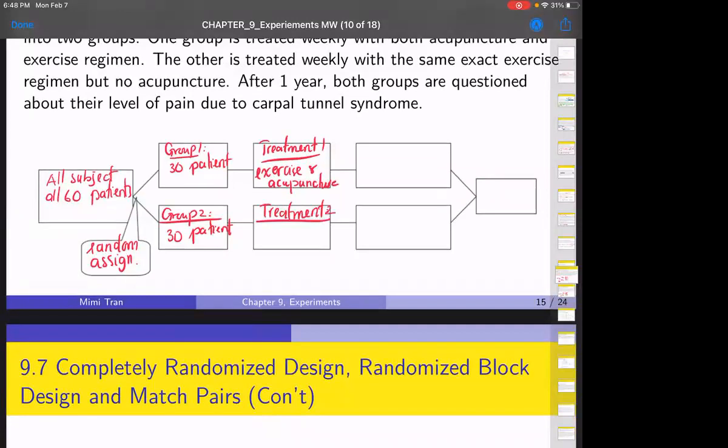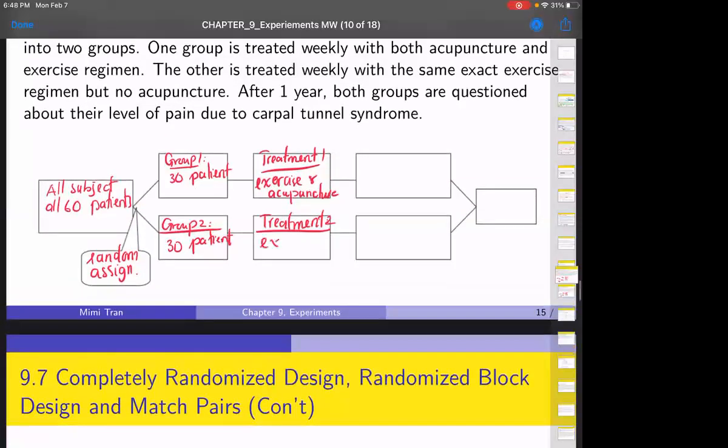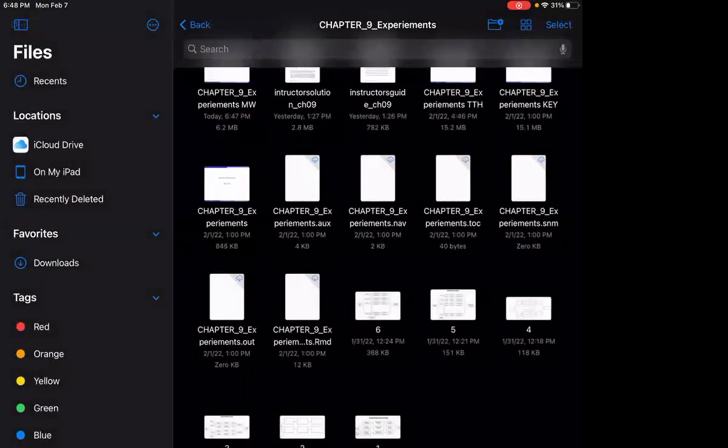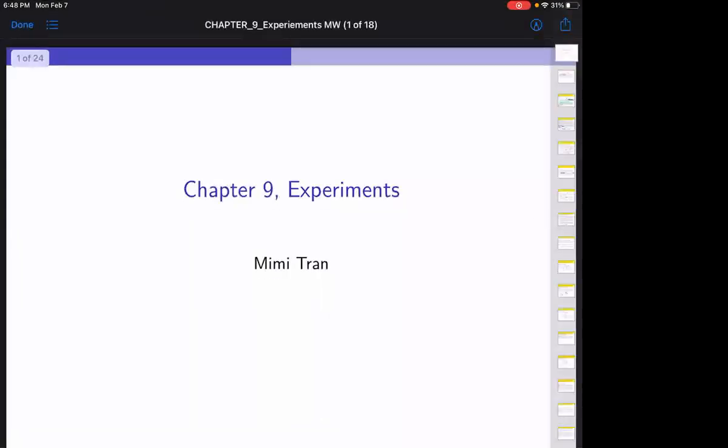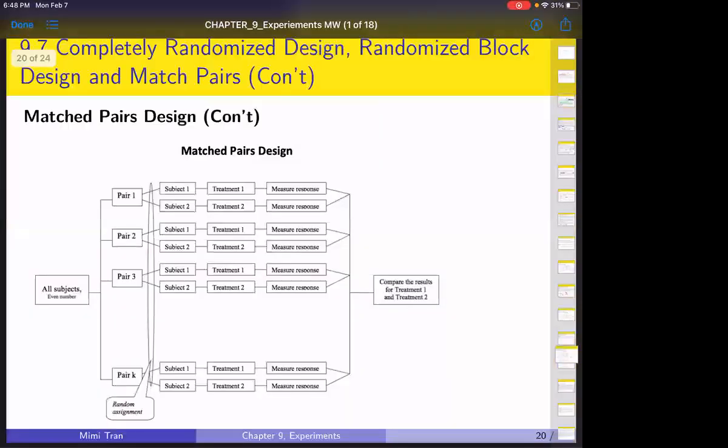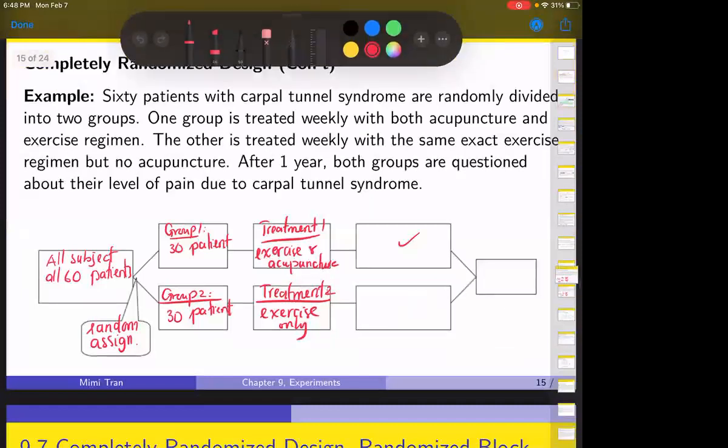And then treatment 2. And then the box. Oh, what happened? Measure response, right? What kind of measure response?